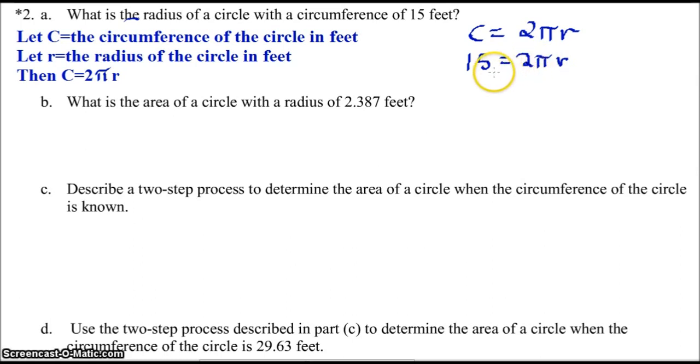And we can solve for r. Notice that r is multiplied by 2 pi, so we could divide both sides of this formula by 2 pi. And we get 2 pi divided by 2 pi is 1, so that means r equals 15 over 2 pi. And I'm just going to plug that in the calculator. This is approximately 2.387 feet.